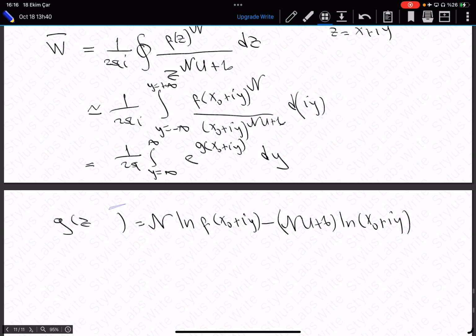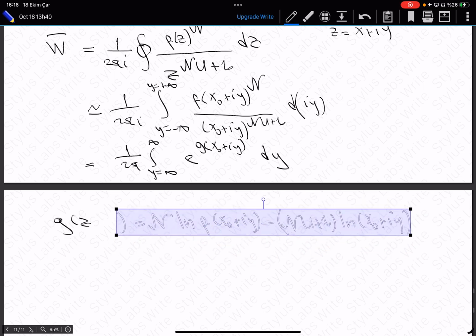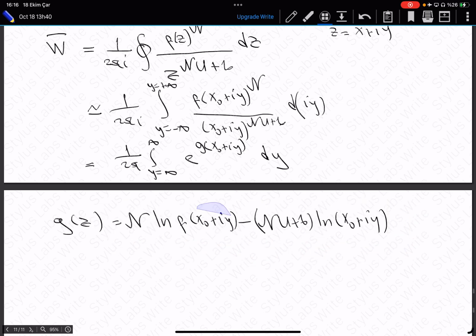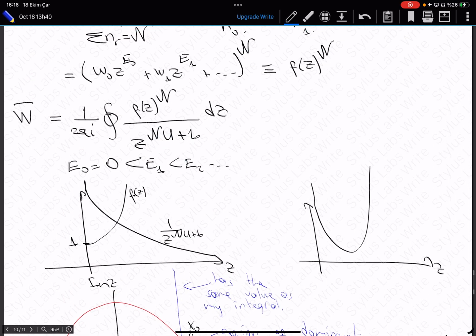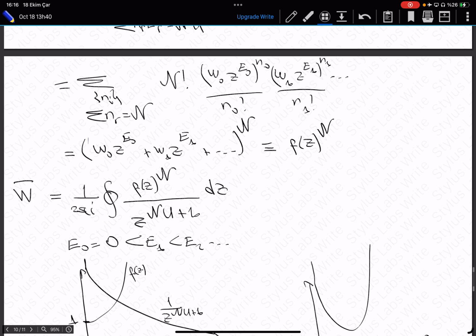Let me keep the z. And again, keep in mind that f of z is this function over here.